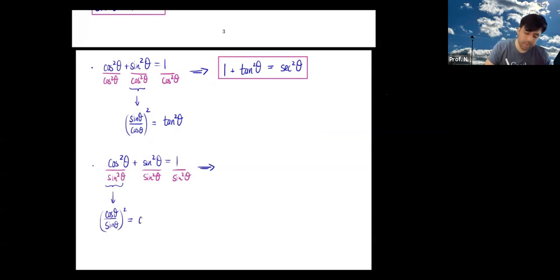So this is going to be called cotangent theta squared. And so I got cotangent squared theta, right? And then plus 1, because sine squared divided by itself is 1, and that will equal 1 over sine squared theta, which is cosecant squared.